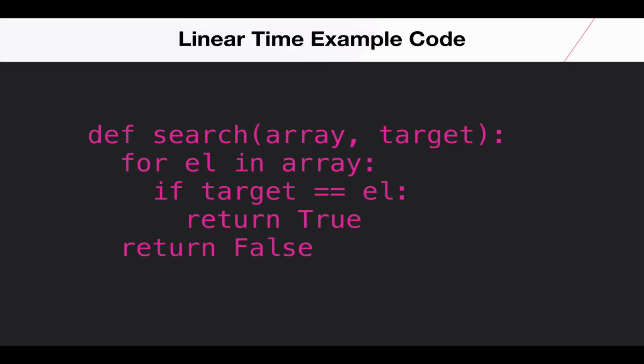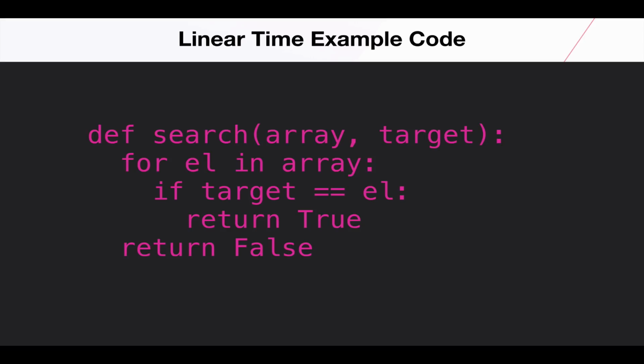Looking at some code, here's an example of a search algorithm with some given array, and in this case the array is not sorted. So we don't know anything about the elements that are already in the array, in which case we cannot use a binary search because we don't have any knowledge going in of where things are going to be in this input array.